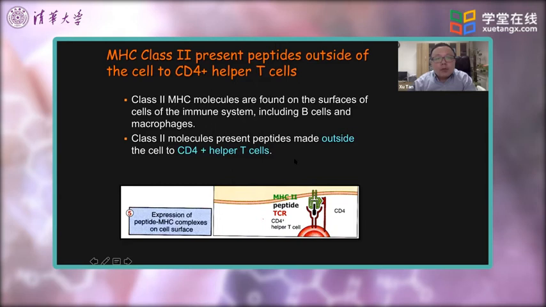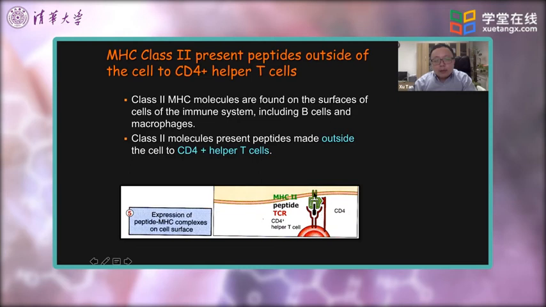MHC class 2 molecules are found on the surface of cells such as B cells and macrophages. MHC class 2 molecules can present peptides made outside of cells to CD4 T cells, or so-called T helper cells.